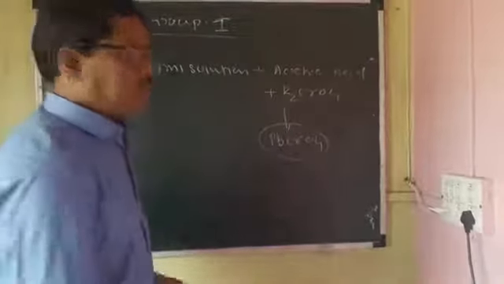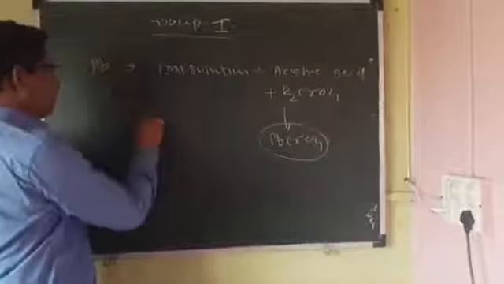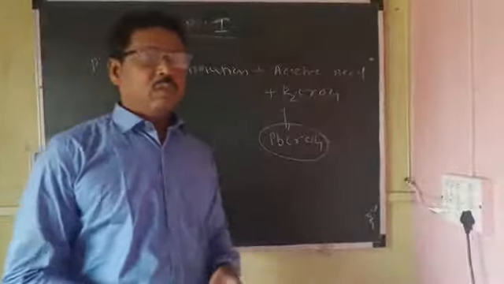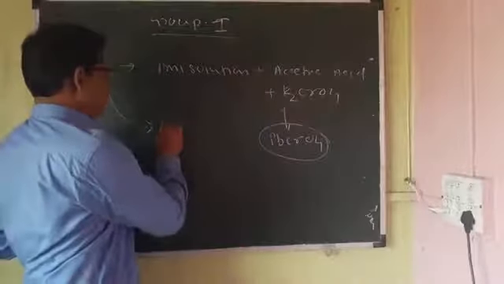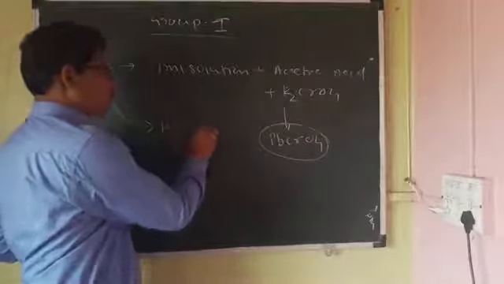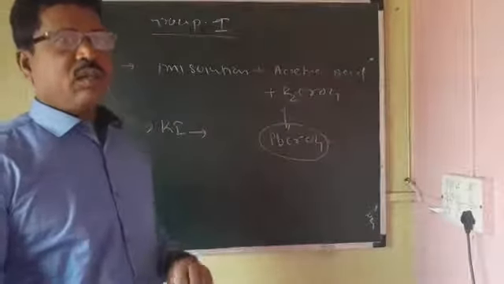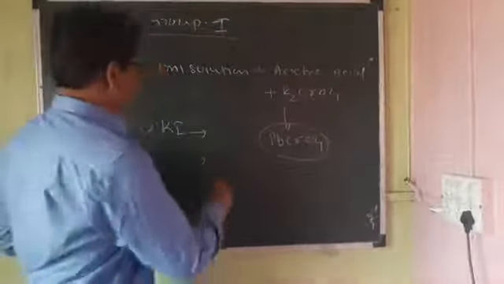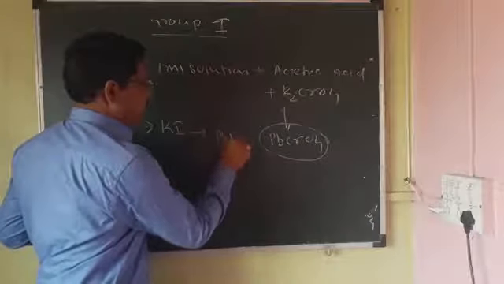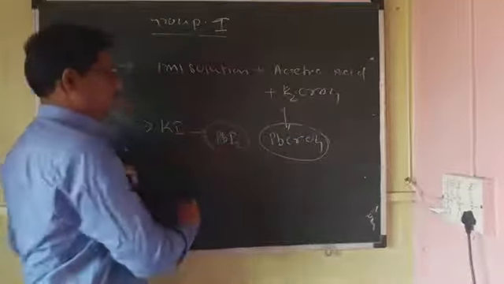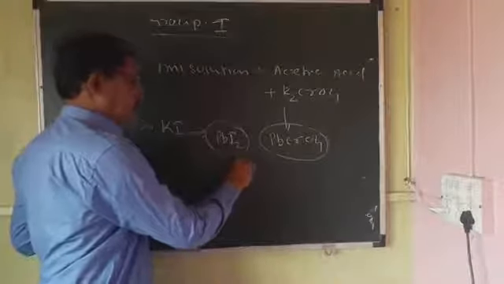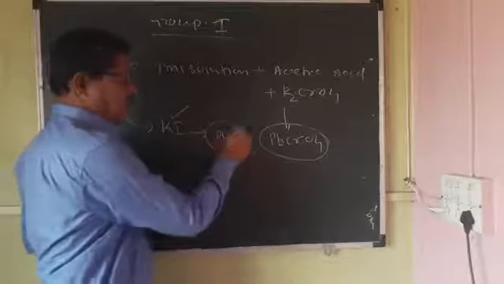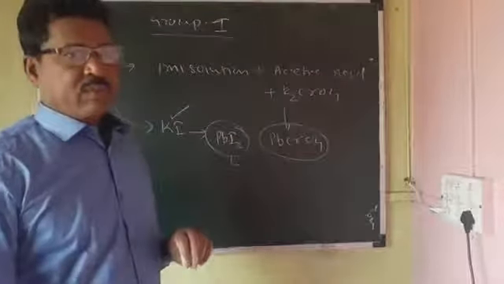Then the second lead test: to 1 ml of solution, potassium iodide KI is used, then boil and cool. You get the yellow precipitate of PbI2. But if excess KI is used, the precipitate is redissolved.